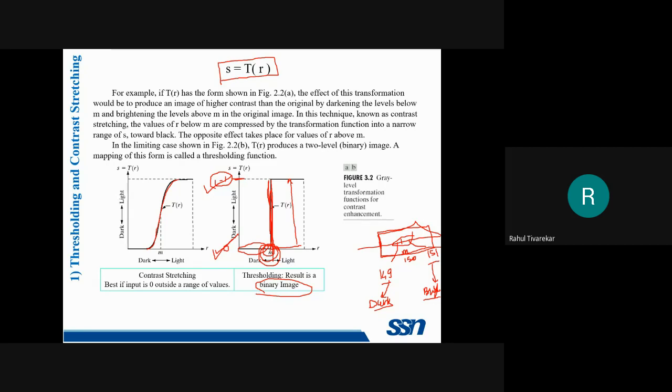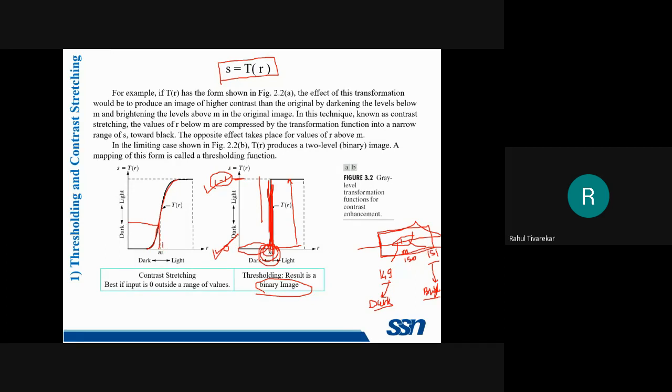So we can say that thresholding is a subtype of contrast stretching, where you stretch the contrast at a sudden boundary at some threshold M. Just before M, you mark to some intermediate value.